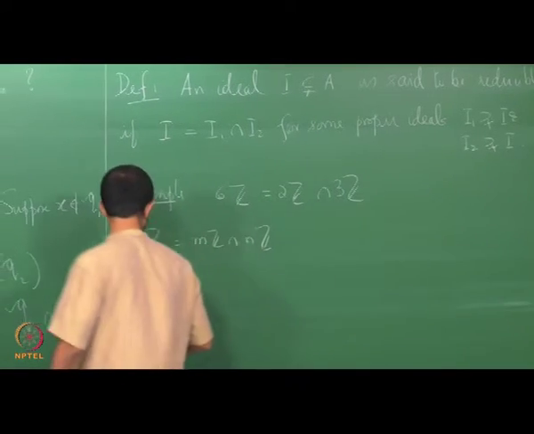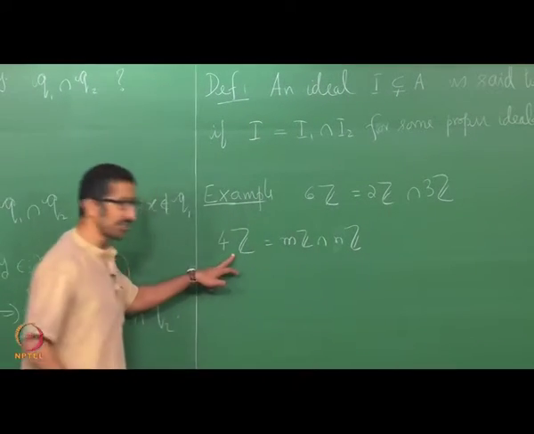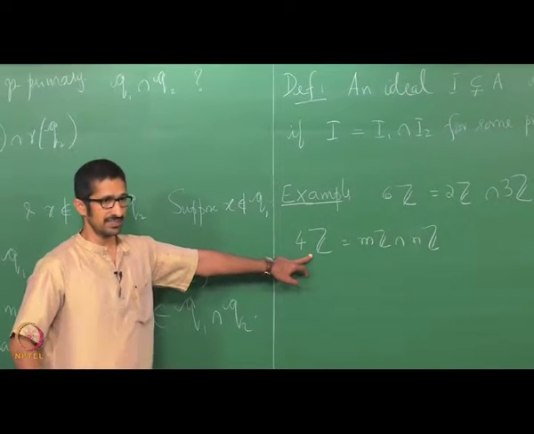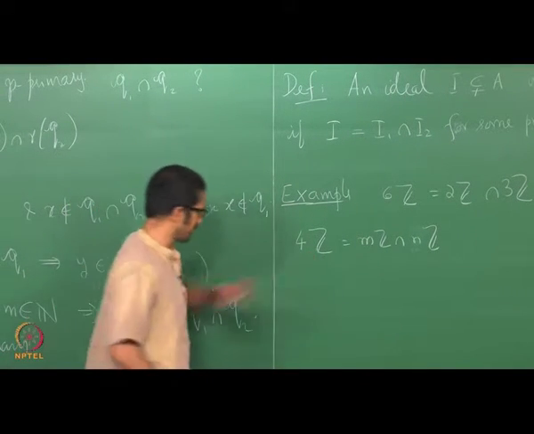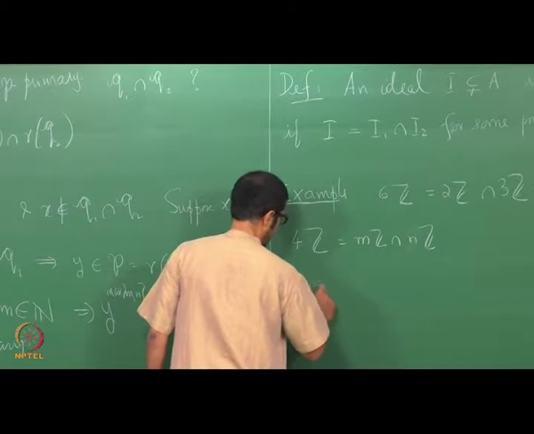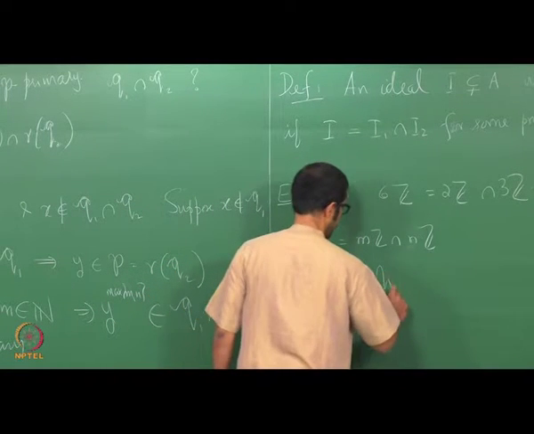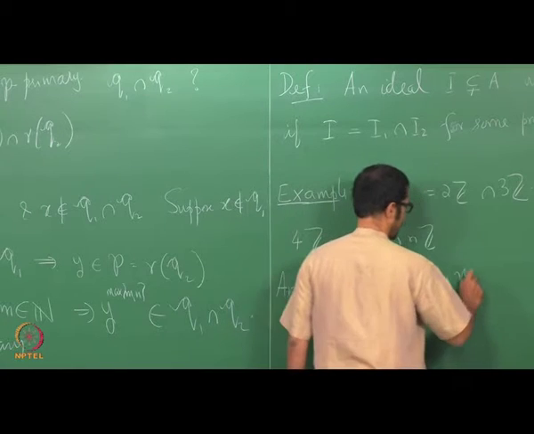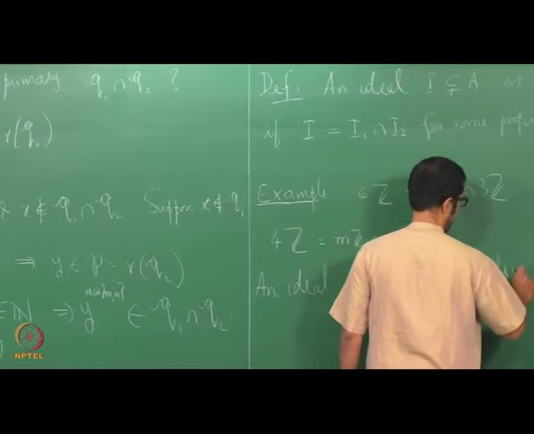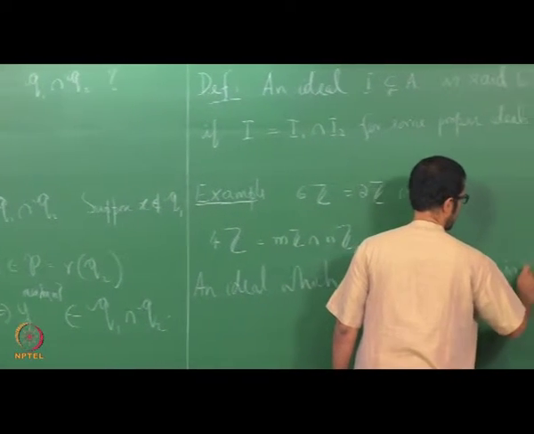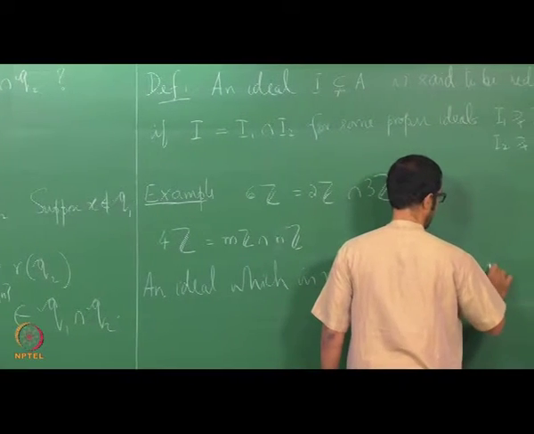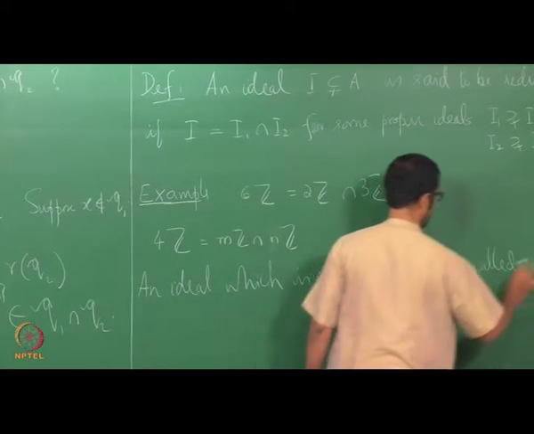Therefore this is not reducible. Such ideals are called irreducible ideals. So an ideal which is not reducible is called an irreducible ideal.